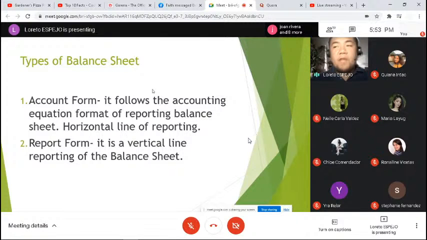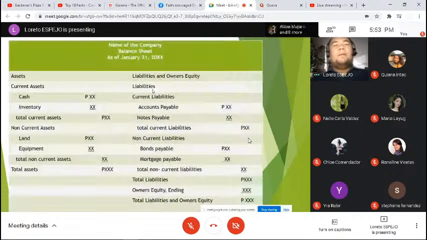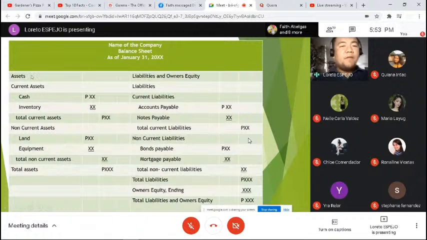Horizontal line of reporting, it follows assets na sa kaliwa, liabilities and capital na sa kanan. So just like this one, this is an account form of reporting the balance sheet. So assets na makikita nyo nandito sa left side, liabilities and owner's equity na sa right side.